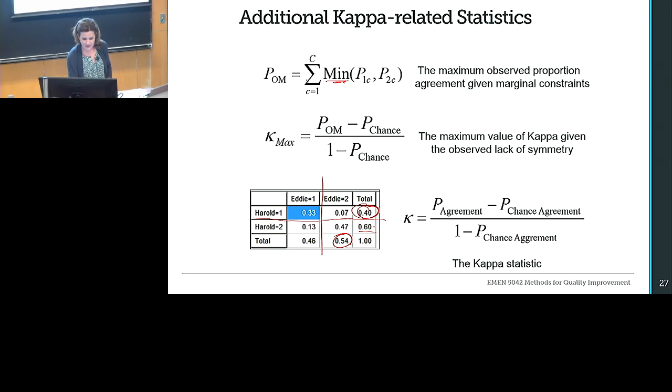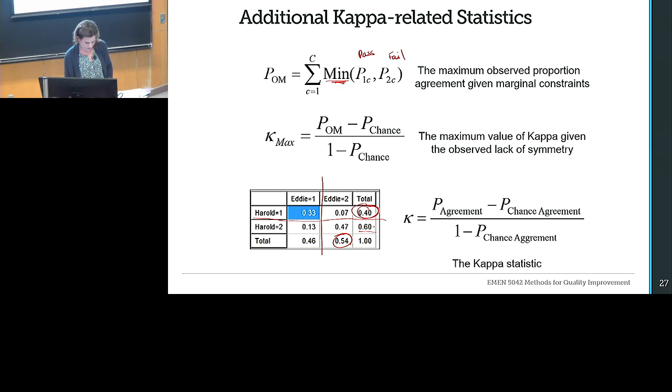Okay, so we're going to take the sum of the minimums, the proportion, whatever the cell is lowest for the pass, and for the fail, whatever the sum of those proportions is, that's the maximum observed proportion agreement given the marginal constraints.